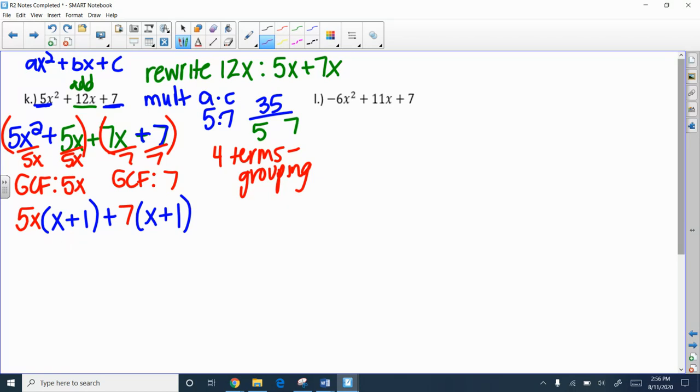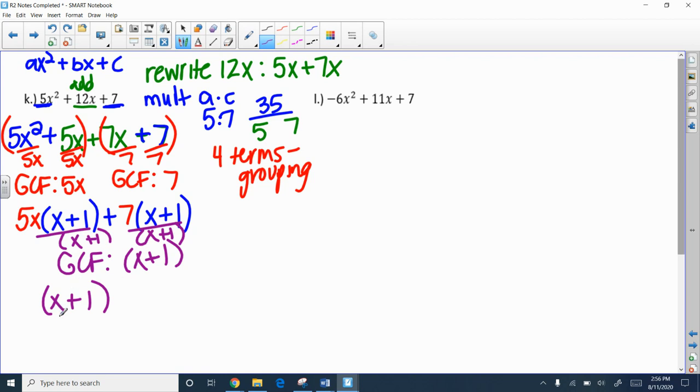Now, once again, we should notice we have a GCF for each group. Both groups have a common factor of x plus 1. So again, I'm factoring out the x plus 1, dividing by x plus 1. The x plus 1 is one of our factors that goes in the front, so I have x plus 1 in the front. My other factor is what's left when I divide.